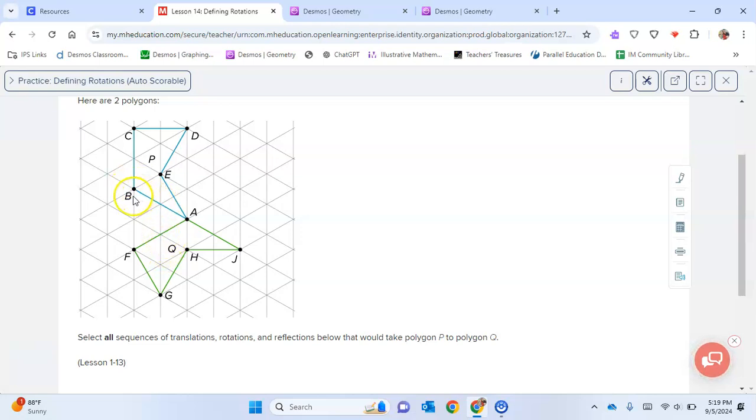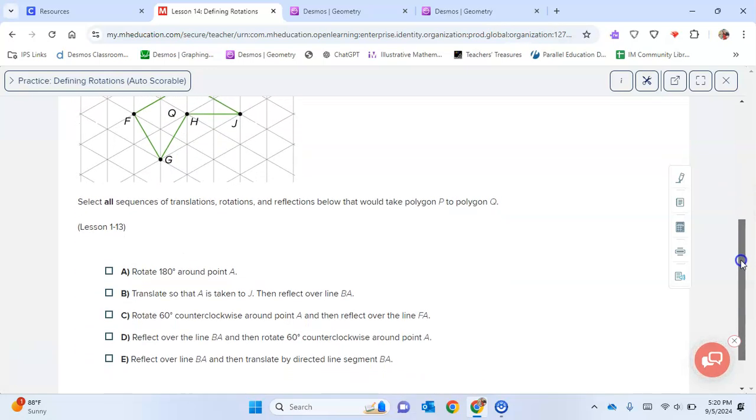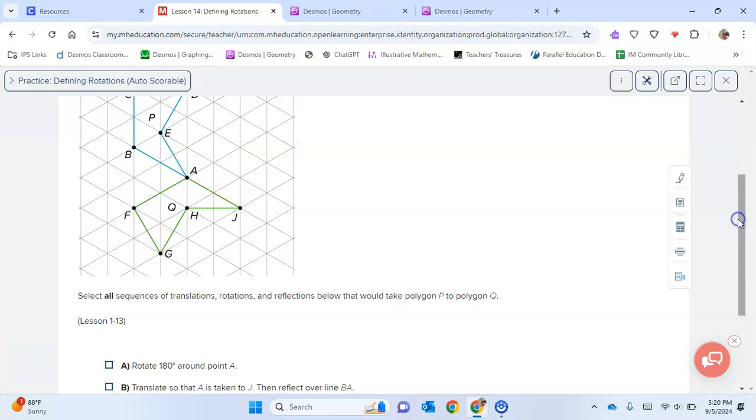So one way is we could move this segment right from A to J. So translate so that A is taken to J, then reflect over line BA. You would have to reflect the image over this line, which is now BA instead of AJ, right?